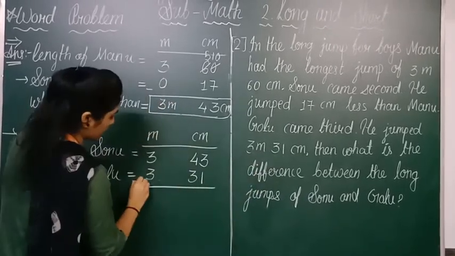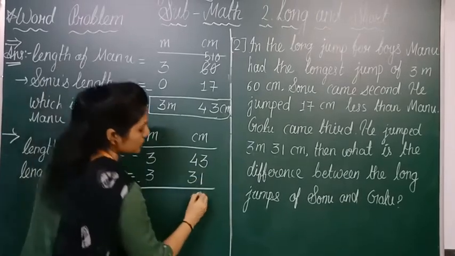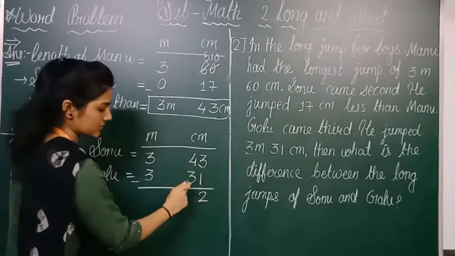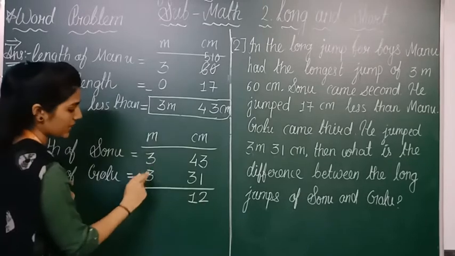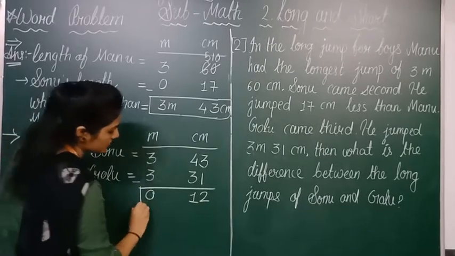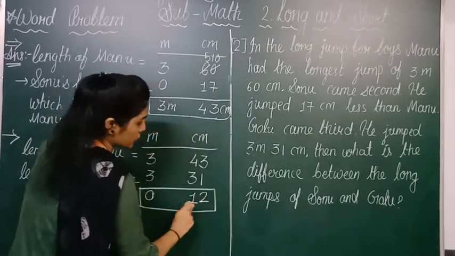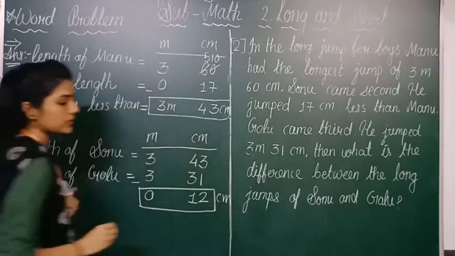And we are doing subtraction here. 3 minus 1, 2, 4 minus 3, 1 and 3 minus 3, 0. That means now we are having answer 12 centimeter.